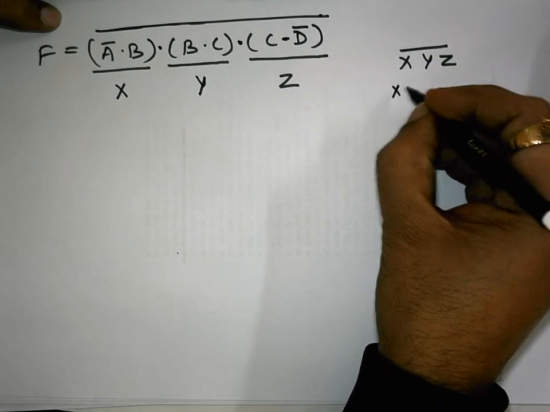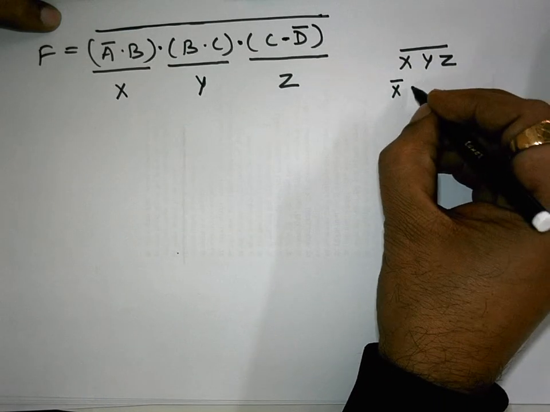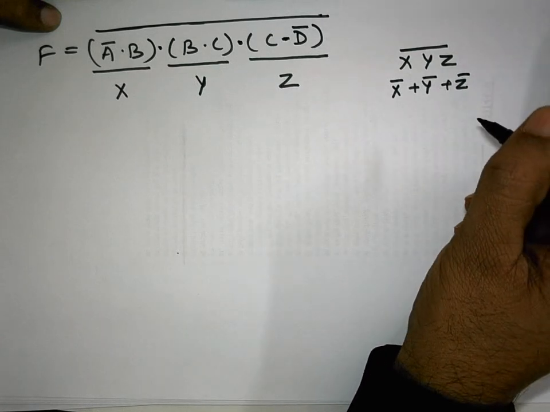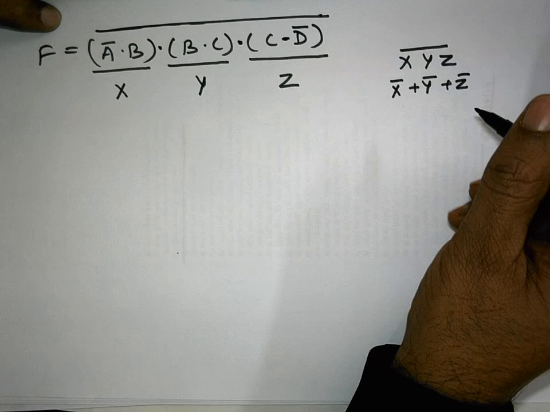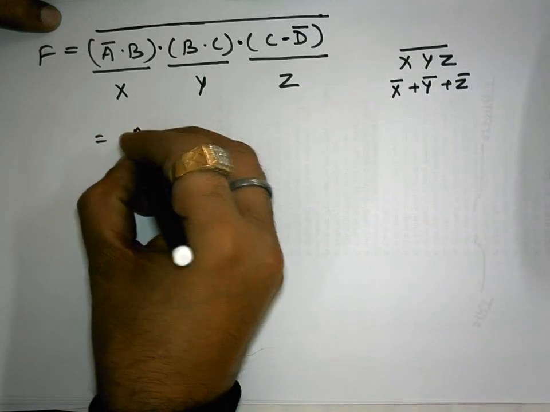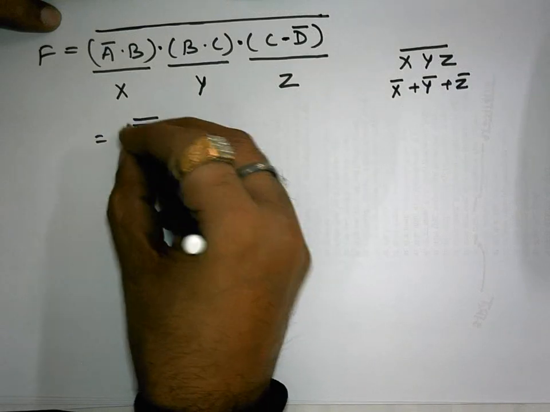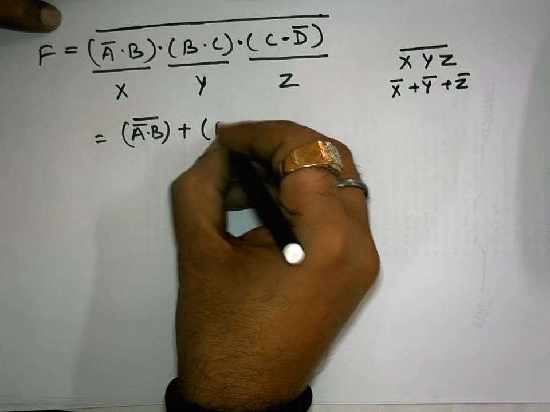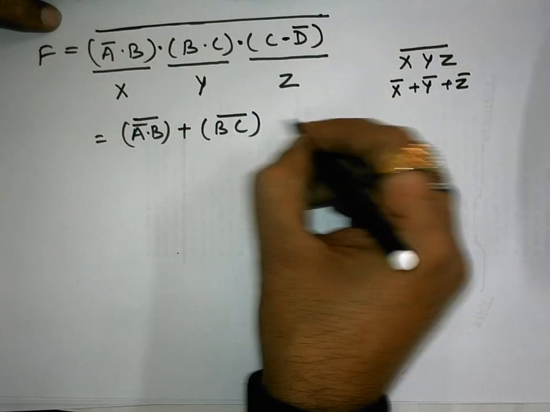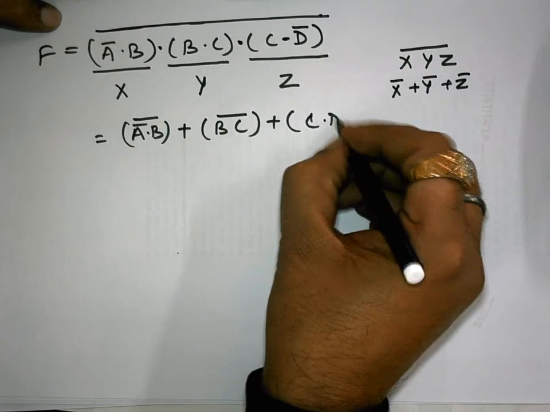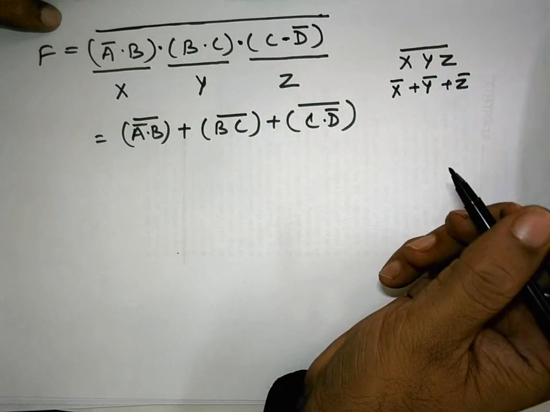And De Morgan's theorem says that this is equal to x bar plus y bar plus z bar. So looking at the situation like this, it will be equal to a bar b whole bar, plus bc whole bar plus c d bar whole bar.